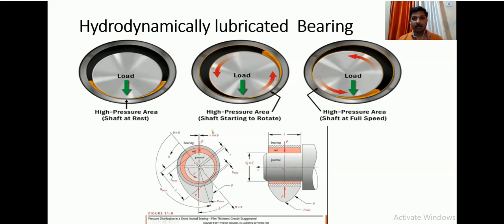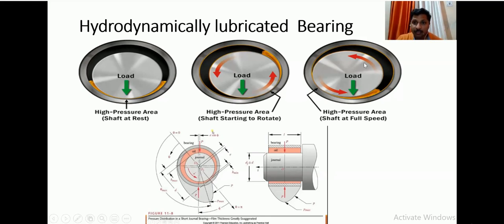Generally, the shaft which is enclosed by the bearing, the portion of the shaft covered by the bearing, is known as the journal. So when we talk further about the journal bearing, we will call the portion of the shaft under the bearing the journal.